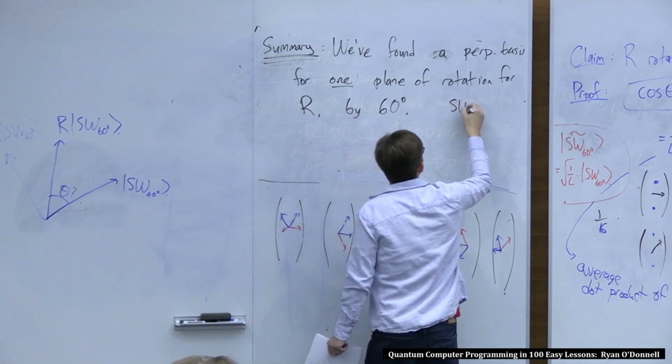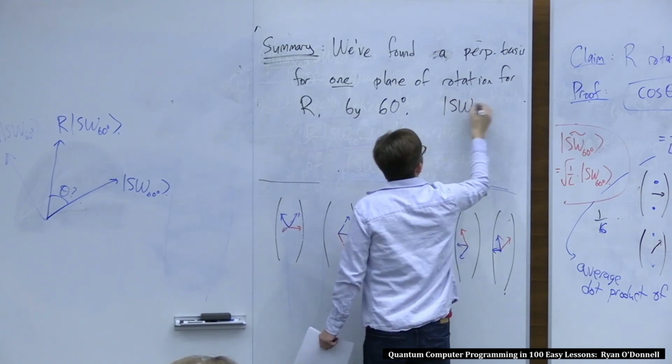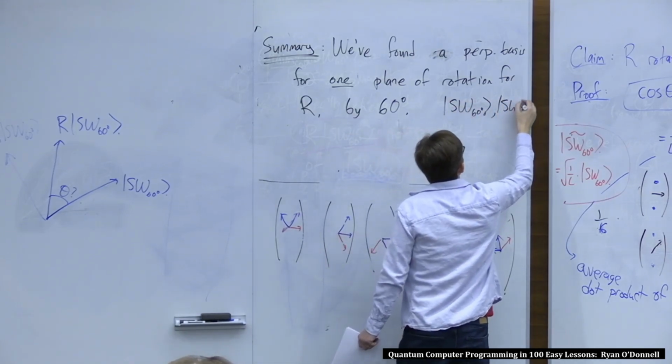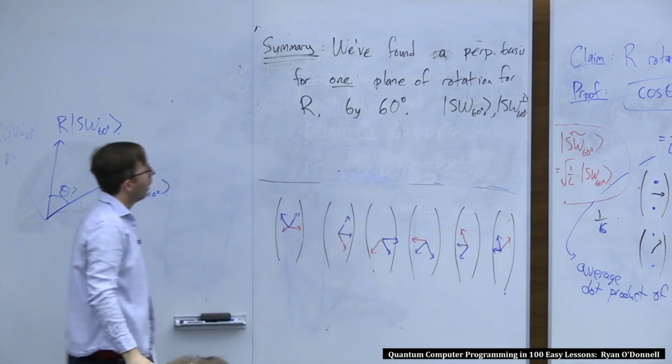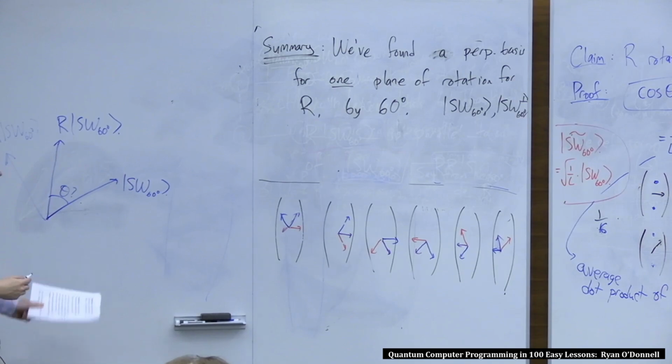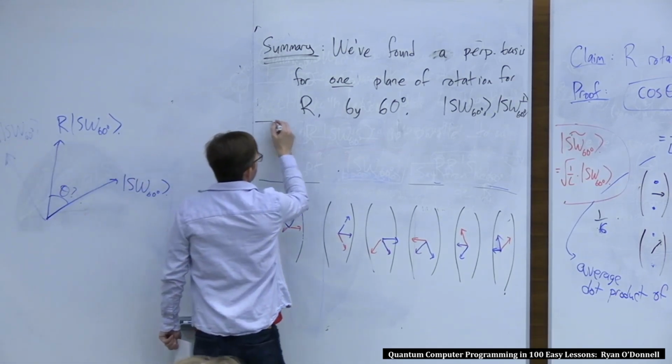Okay, and it's SW 60 degrees and SW perp 60 degrees. Okay, so we've done one piece of the task of finding all the planes of rotation.